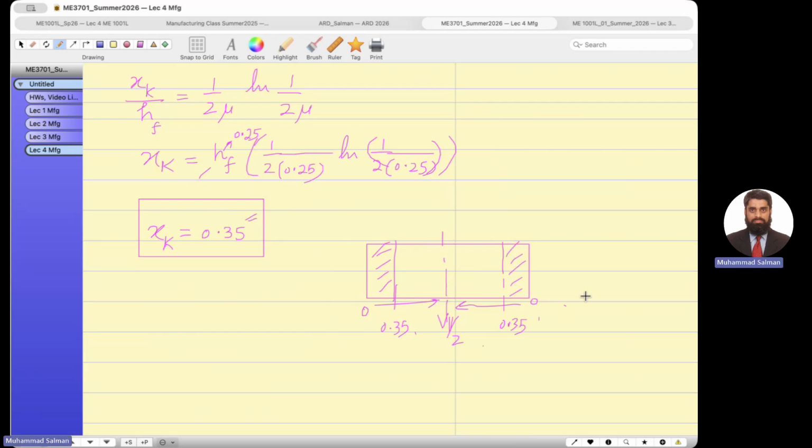Do you think we can approximate it to be all sticking, or should we have a combination of sliding and sticking forging force? What do you suggest? I would say separate. So do the forging force for sliding, because 0.35 is still not negligibly small. We can do that. Let's apply.